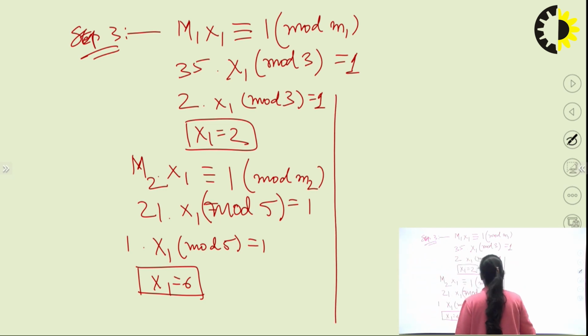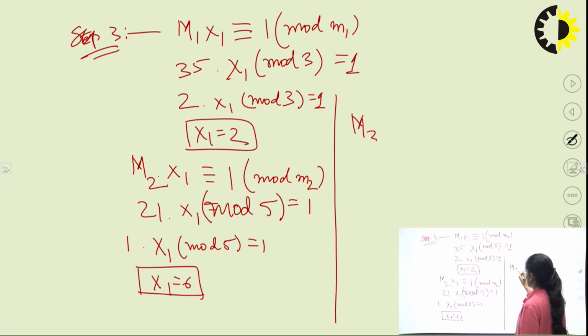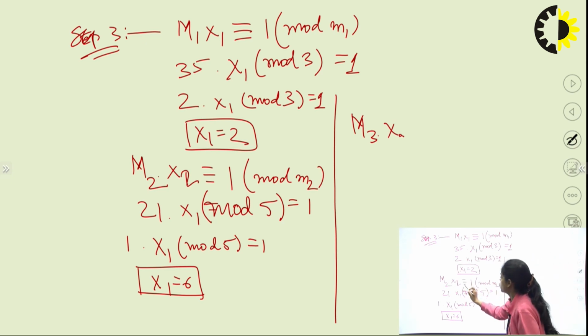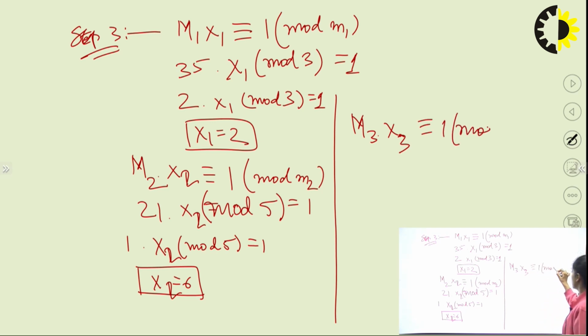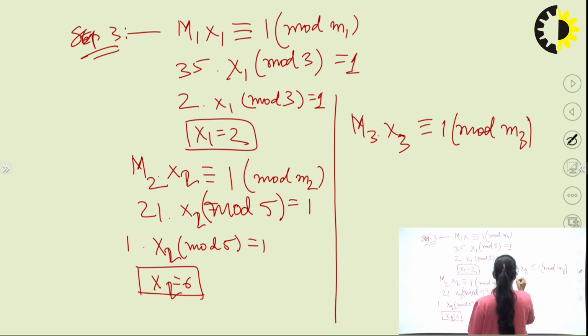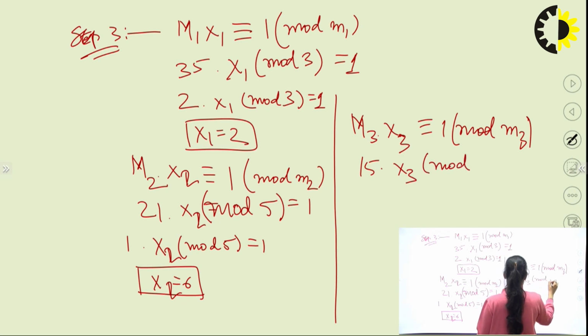In the same way, you can check for M3, X3 congruent to 1 mod m3. We write the value 15.